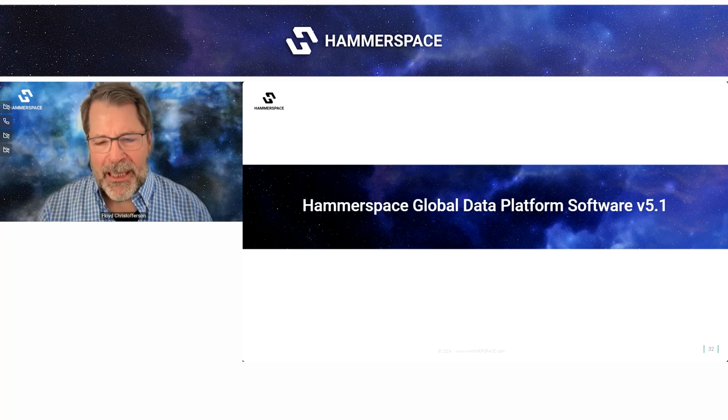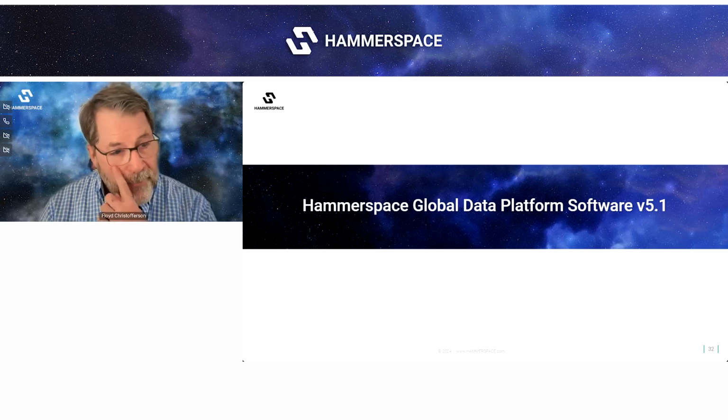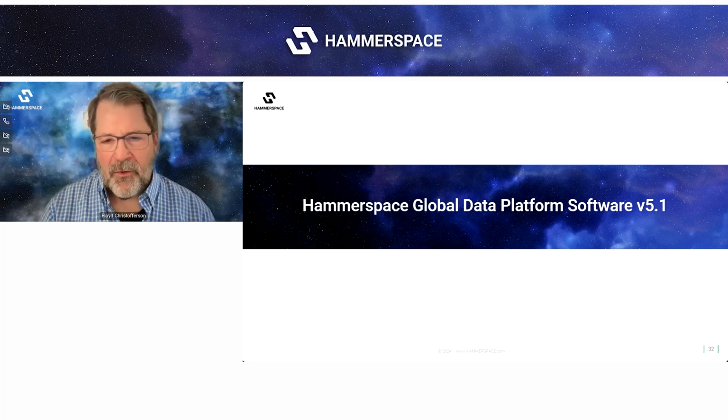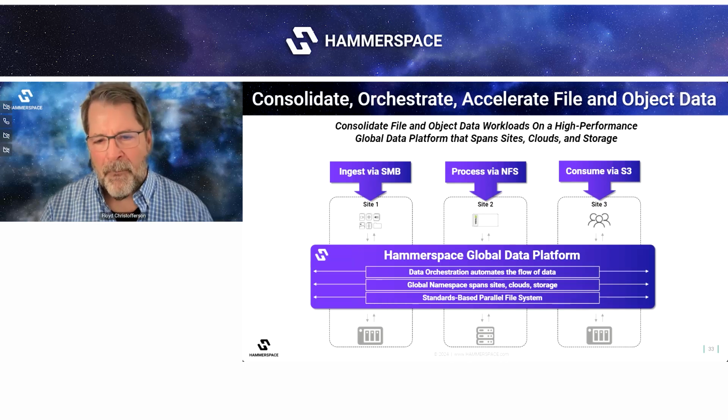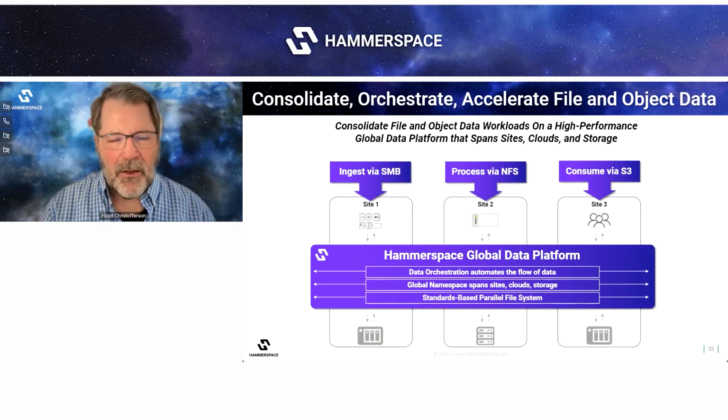But the key here is in version 5.1, although tier 0 is the most exciting, there's a few things that bear mentioning. In particular, as we look at whether it's AI or even general enterprise use cases, there are multiple protocols that need seamless access.